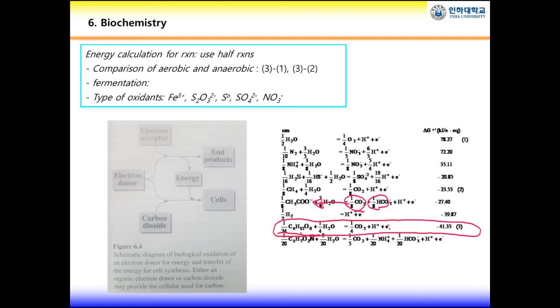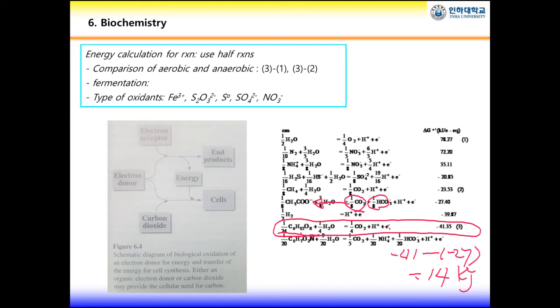That one is an anaerobic process, and the energy is very small, minus 41, minus 27, that is about 14 kilojoule available.